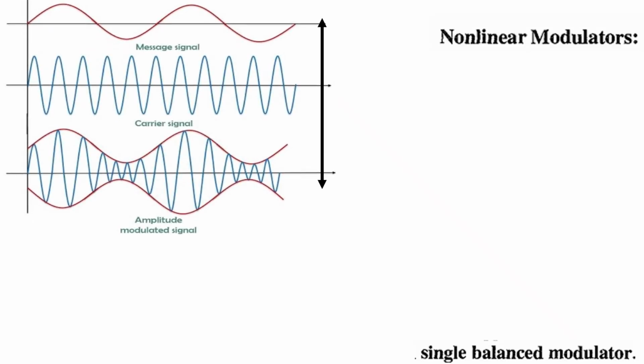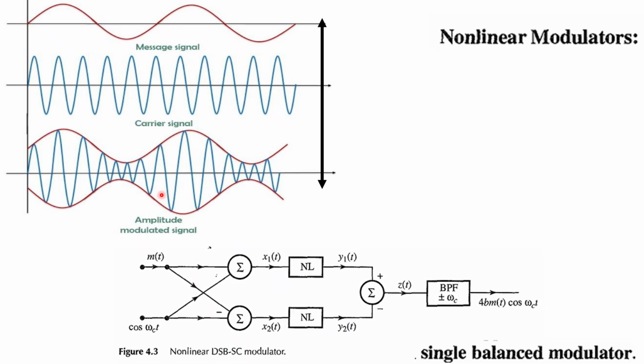Before solving this question, let's get the idea about the nonlinear modulator. This is the message signal, here is the carrier wave, and this is the modulated wave. We can perform the modulation by various techniques. Out of that, one of the techniques is the nonlinear DSB-SC modulator.